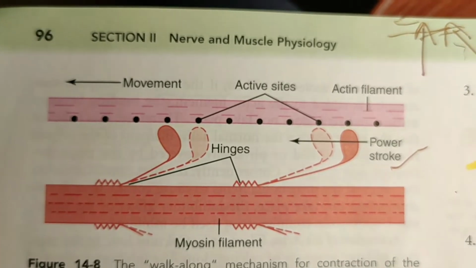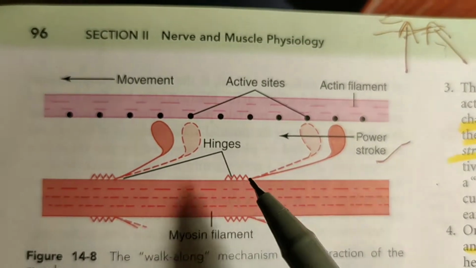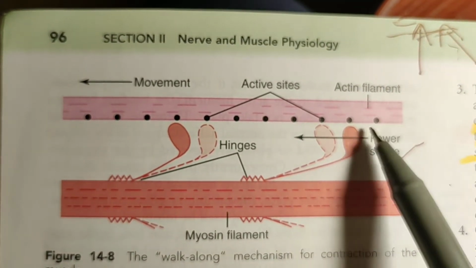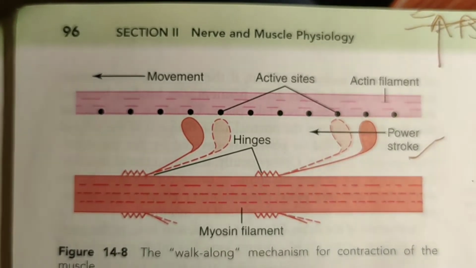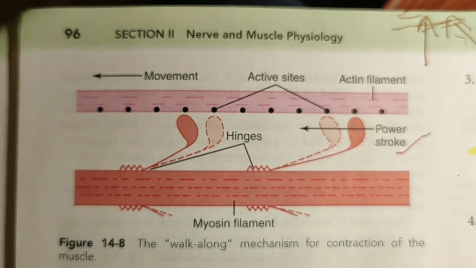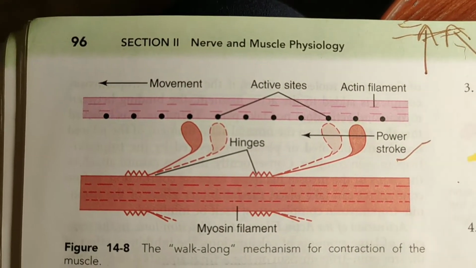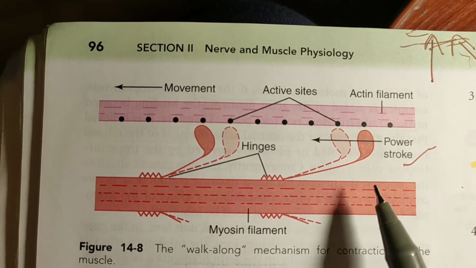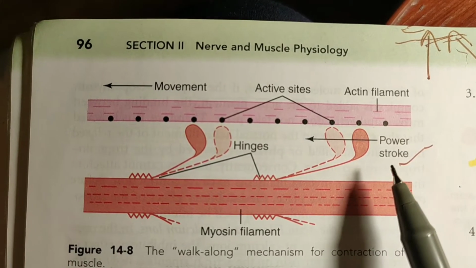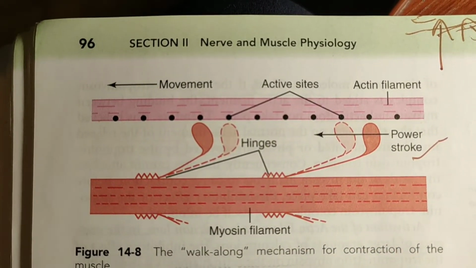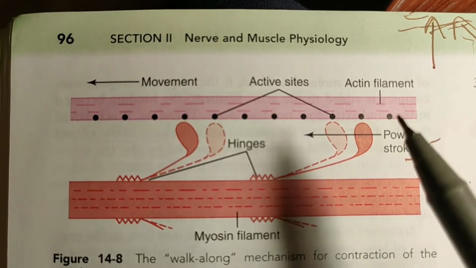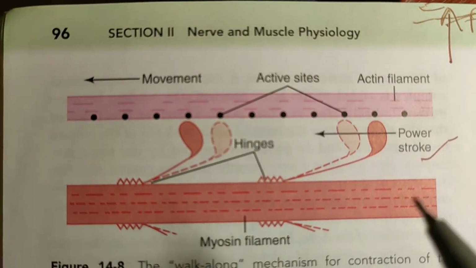So once the head of the cross bridge tilts, there is release of ATP and phosphate. As you know, these myosin heads have ATPase activity. Now, the ATP is needed by the myosin heads for their disintegration from the actin filaments.